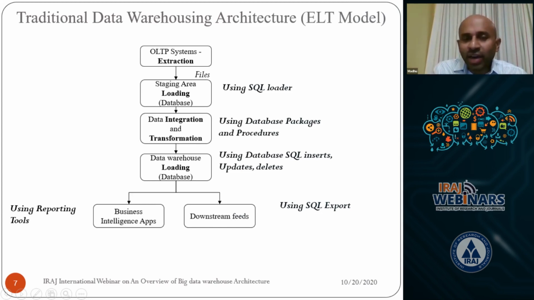And these files are loaded into something called a staging area, using functionalities like SQL*Loader. Then the data which is loaded into the tables is integrated with various such tables from various other source systems and transformed. When I say transformed, you need to merge it together. You might have to do some kind of aggregation. All of these things happen on that data.